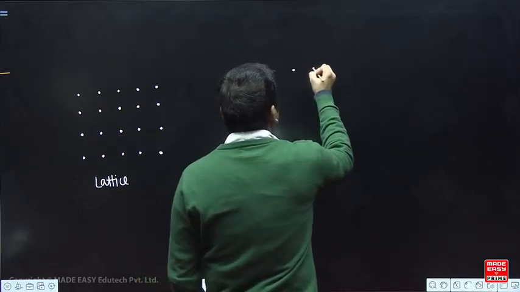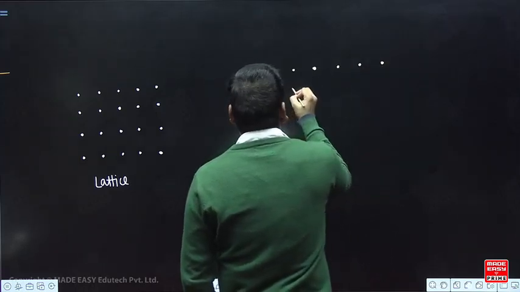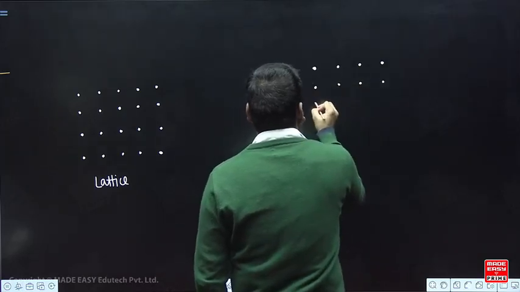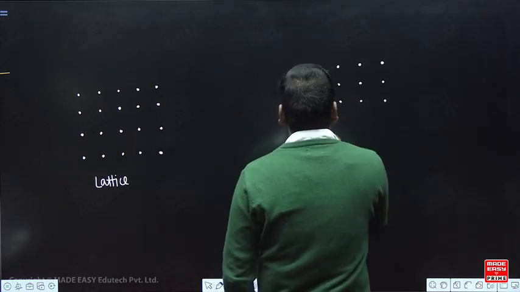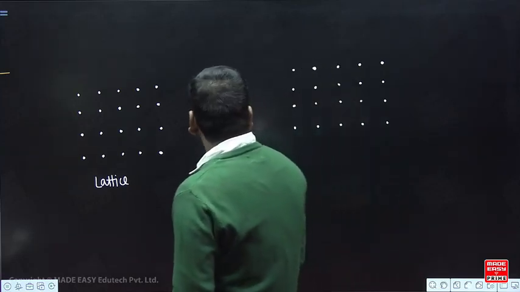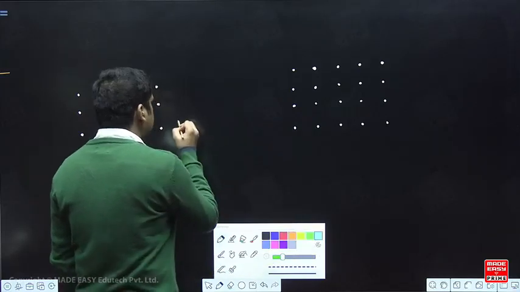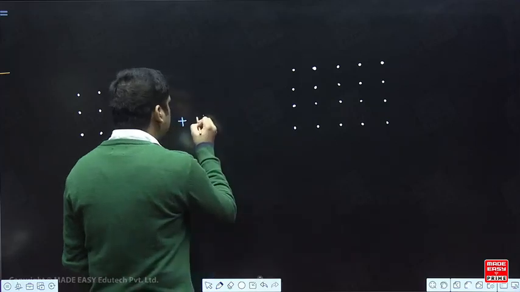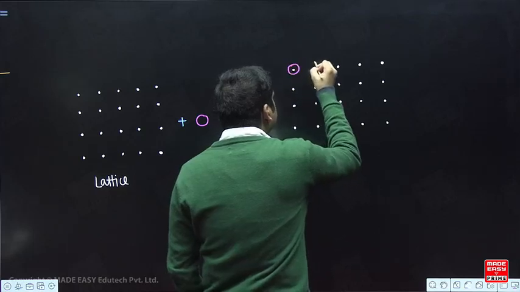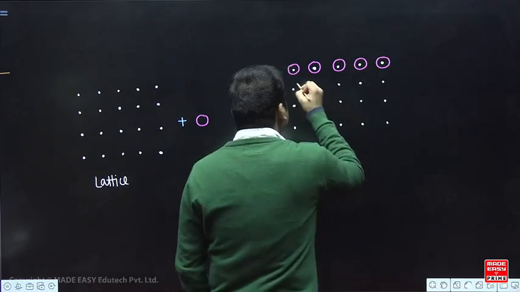These are the points, the lattice, a 3D periodic arrangement of points like this. On these points you can arrange either one atom or a group of atoms. It's your choice, right? Group of atoms means molecules, suppose NaCl. So you arrange like this.